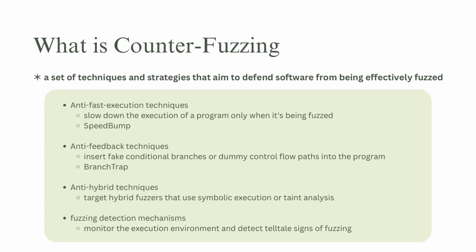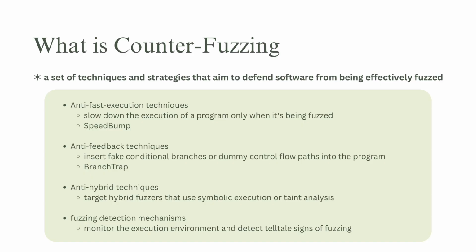We have anti-feedback techniques such as BranchTrap. Most modern fuzzers rely heavily on coverage feedback, that is, checking which parts of the code were executed, so they can focus on generating inputs that reach new code paths. Anti-feedback techniques insert fake conditional branches or dummy control flow into the program. These branches are sensitive to minor input changes, which tricks the fuzzer into thinking it's exploring new logic.